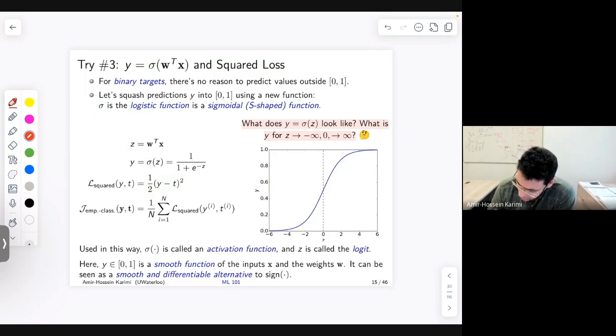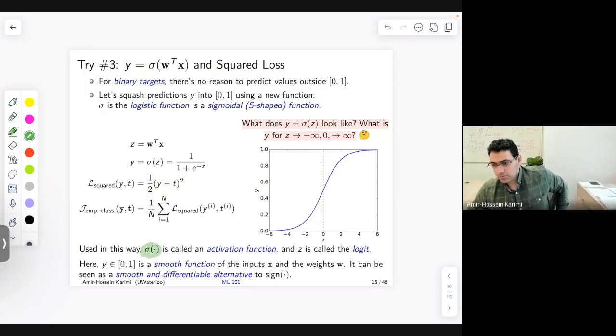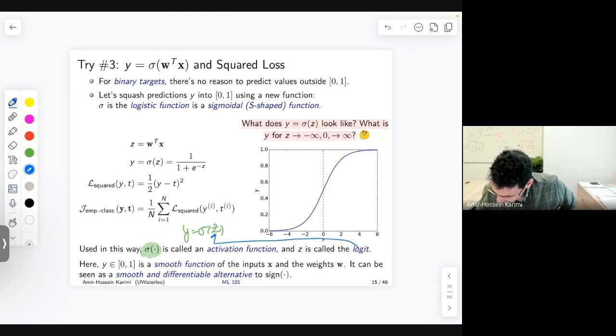Used in this way, our sigma is known as what is called an activation function. So we have Z, and Y is equal to sigma of Z. This here is known as the logit.